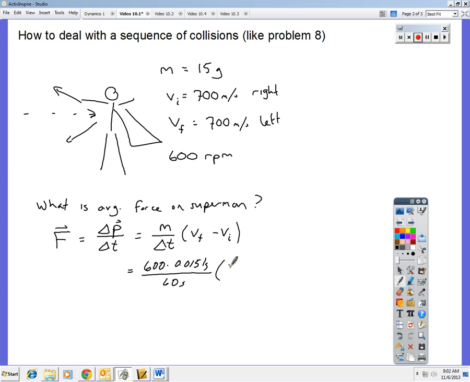The total change in the velocity is 1,400 meters per second because the bullets change directions. And that means the force is about 210 newtons, the average force exerted on Superman.